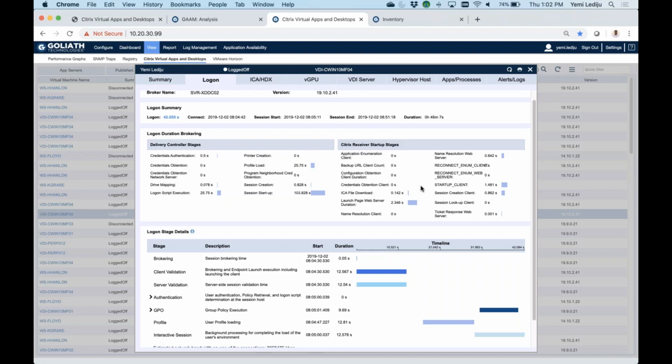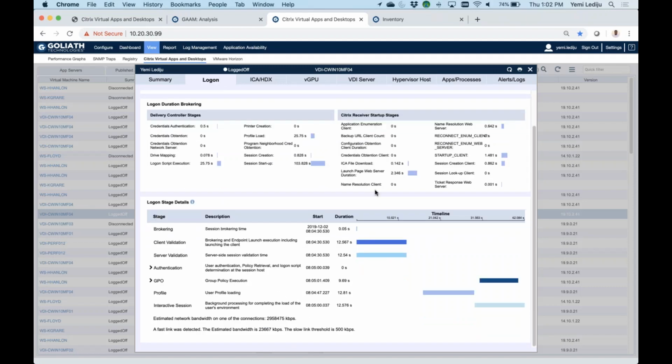You're able to see how long ICA file download took, or how long it took to establish a micro VPN connection. Effectively, what you're getting is the ability to pinpoint any Citrix Receiver related issues that are impacting any particular user session.